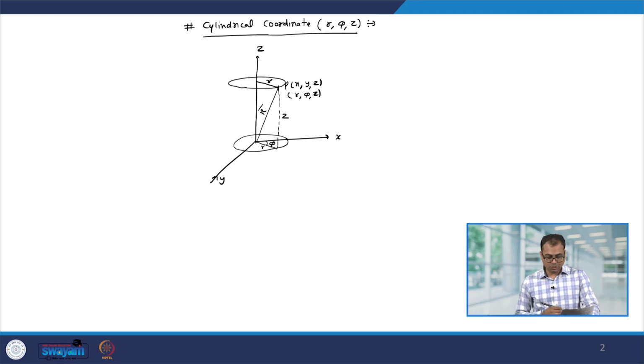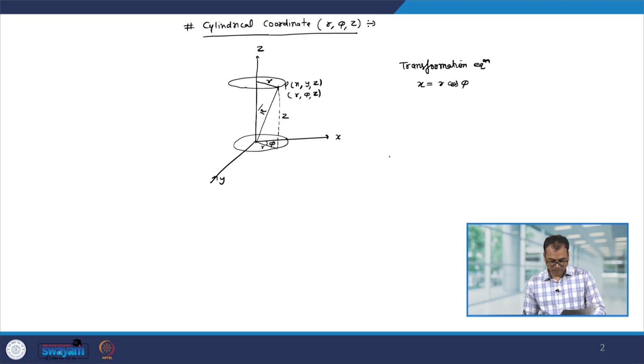Now, from the geometry you can see the transformation equation. The transformation equations are x is equal to, the value of x will be the projection of r along the x axis. So, that is r cos phi. The value of y is r sin phi and z is z.